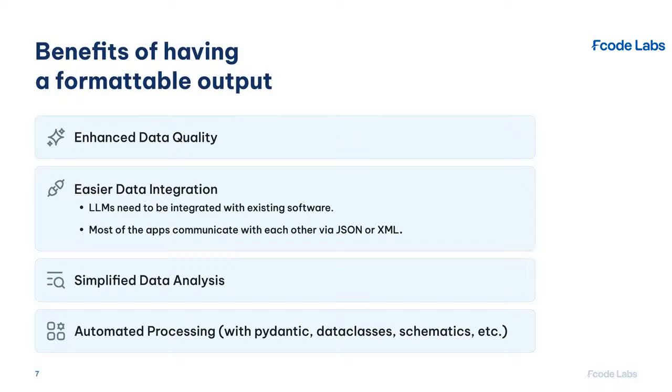And also it's going to simplify data analysis, because if we have a formatable output like JSON, we can directly pass it to a Python object, and we can do data analysis there. So we have been working with Python objects since the beginning of Python, and the process can be automated with Pydantic and data classes.